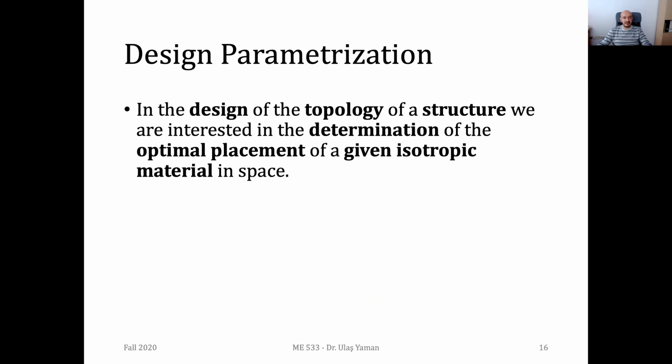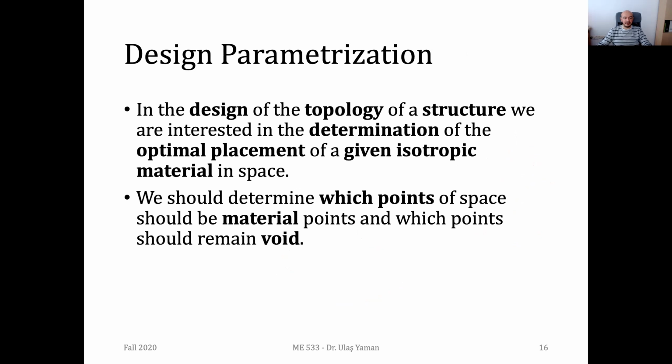So now let's have a look at the parameterization of the design. We are trying to distribute the isotropic material. This is our assumption: we are assuming that in each cell we have isotropic material. Now we are trying to find some elements which actually have material, and we will try to find some others which don't have material.